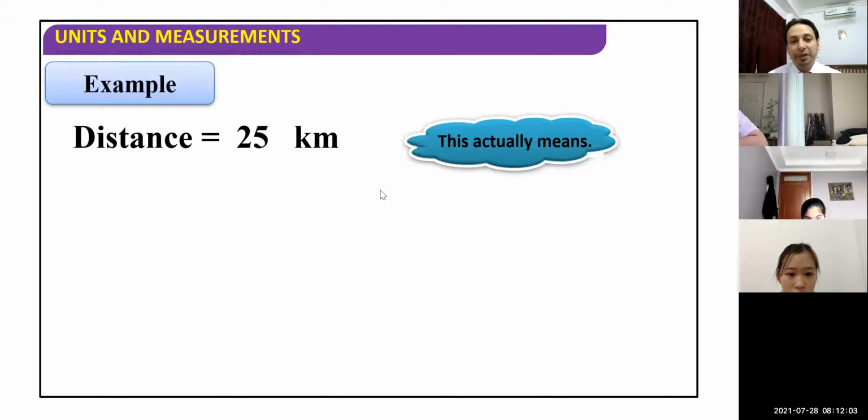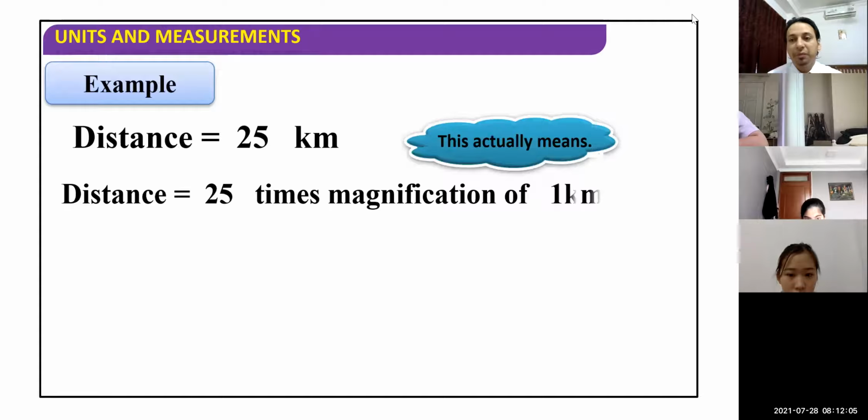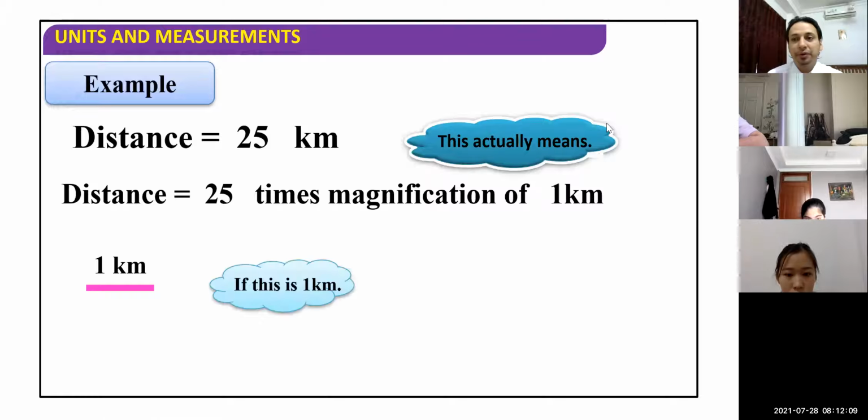Now, children, there is one example, and this example is about distance. Here the distance is equal to 25 kilometer. Suppose you measure the distance from one point to another point, and after measuring it is 25.